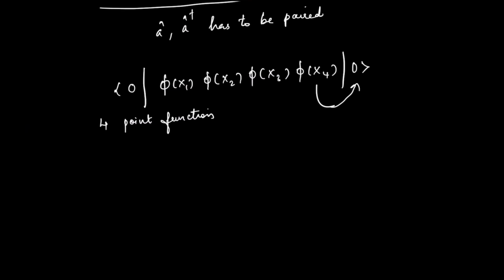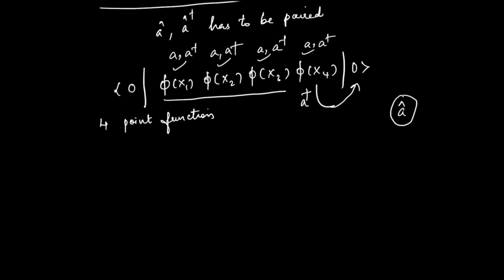Each function phi will have a and a dagger, because it's a combination of creation and annihilation operators. So when the a dagger from the phi of x4 acts on the vacuum, it excites the state and it can be annihilated by an annihilation operator a from any of these phi, right?